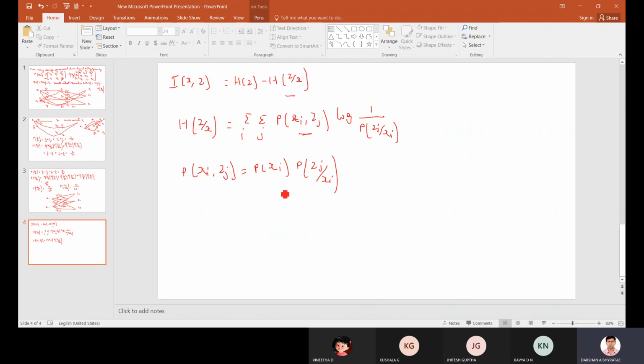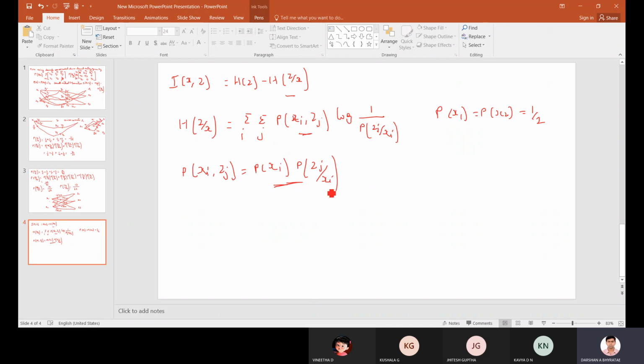By using this formula we determine the joint probability matrix, because P of x1 is equal to P of x2, and in the problem it is given as 1 by 2. We know the conditional probability matrix from the channel diagram.